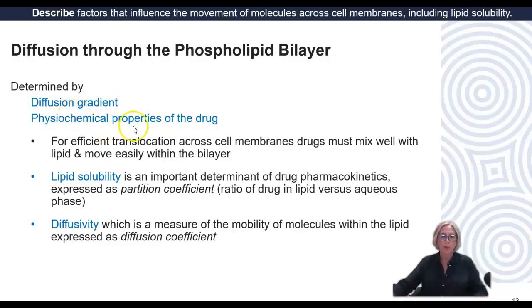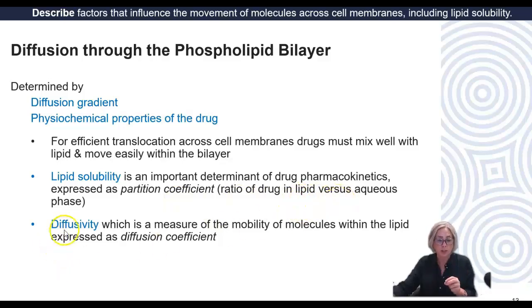The physiochemical properties of the drug. So for efficient translocation across a plasma membrane, drugs must mix well with lipid and move easily within the bilayer. Lipid solubility, therefore, is an important determinant of drug pharmacokinetics, and it's expressed as the partition coefficient. What does that mean? It means the ratio of drug in the lipid phase versus the aqueous phase.